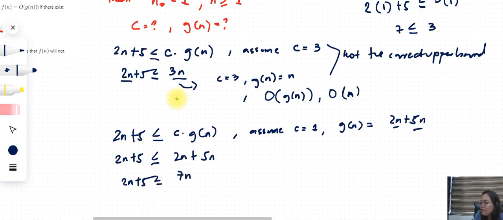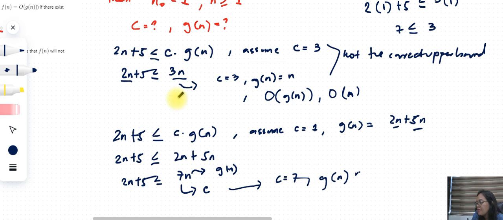Okay, so now we have this form here. We're not going to do anything more. We just look at it: 7 here can become your c, and n here can become your g of n. So now you have c equals 7 and your g of n equals n.